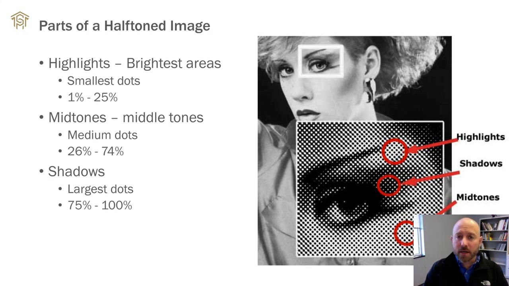Then you're going to have your midtones, exactly what it sounds like, those tones right in the middle. They're going to be middle-sized dots. About half the area is going to be covered by dot, or half the color of the substrate will be showing through. And then, of course, the darkest areas would be your shadows, where the dots get the biggest and can even converge all the way to 100% of coverage.